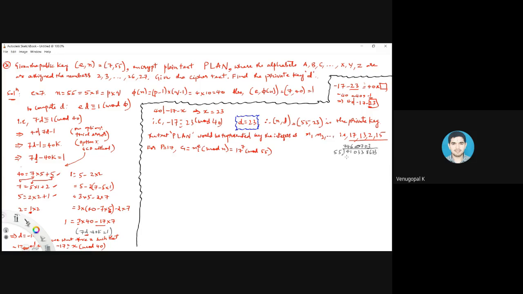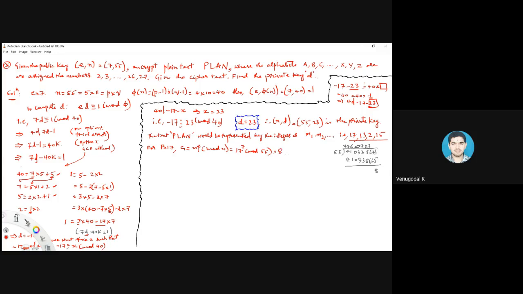So let us do that. 55 into 7460703 is giving us 410338665. So the remainder turns out to be 8. So this is equal to 8.